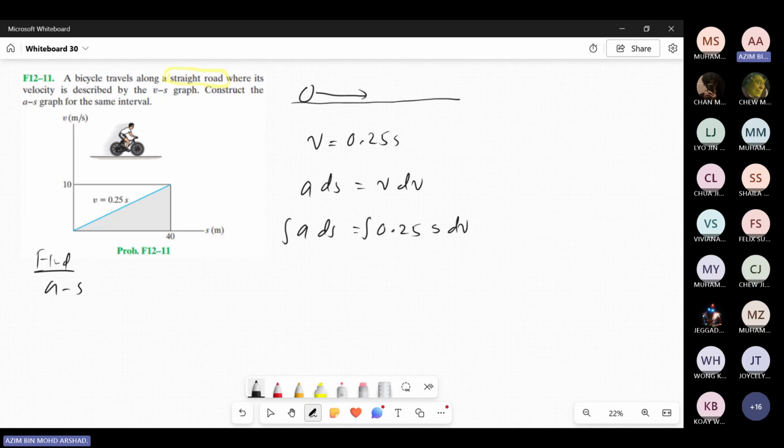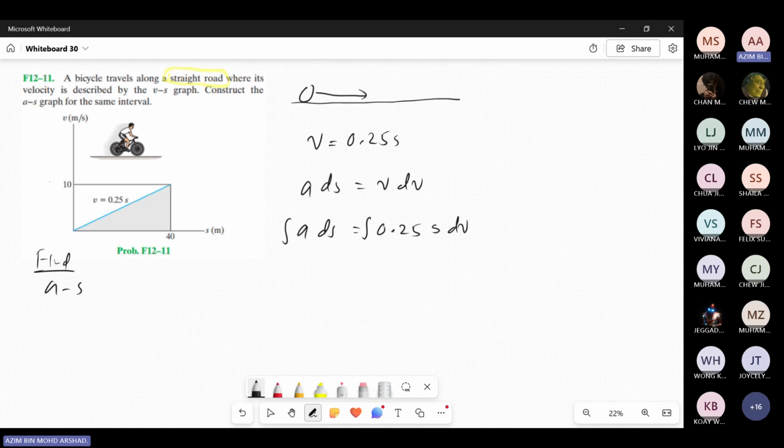Is this the right way to do this? Anyone? Does this make sense? No? No.